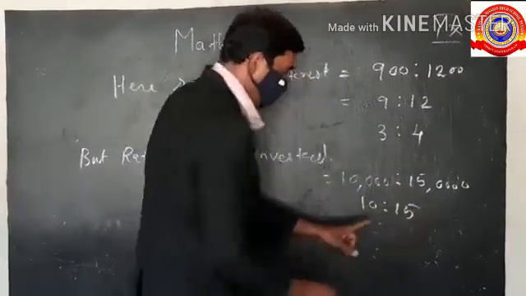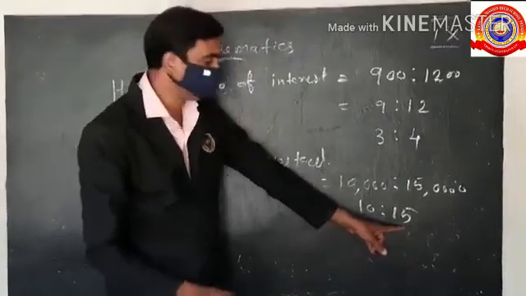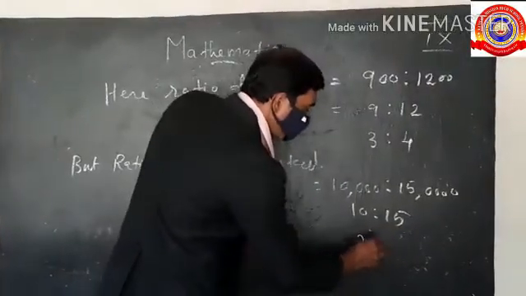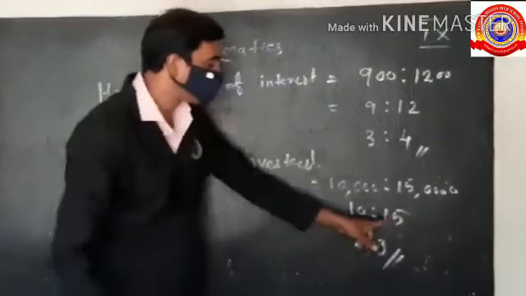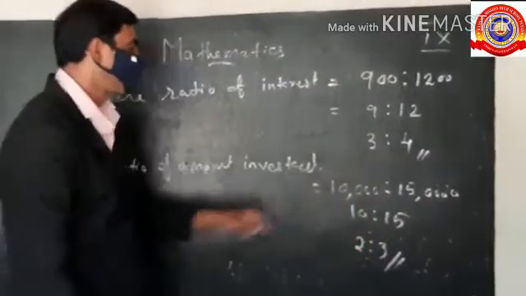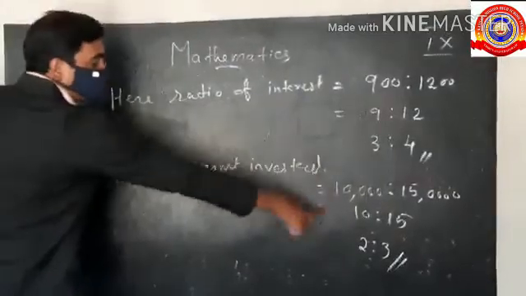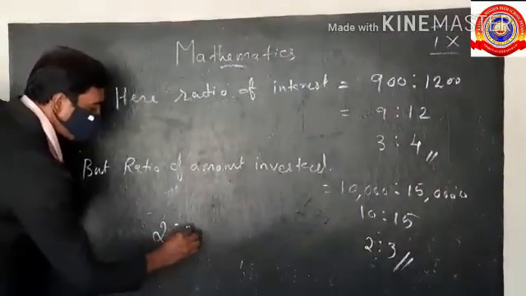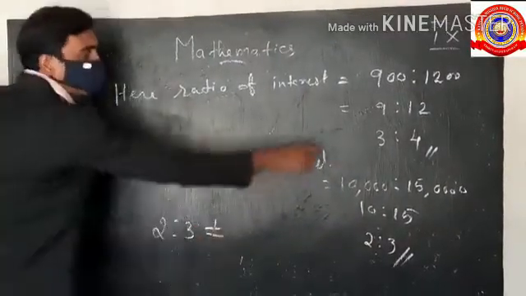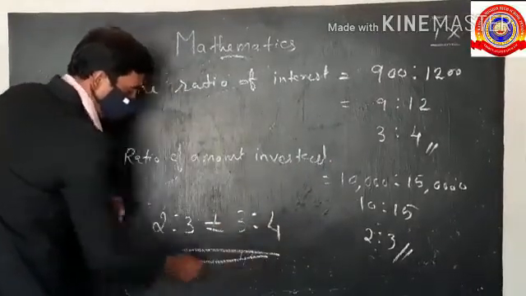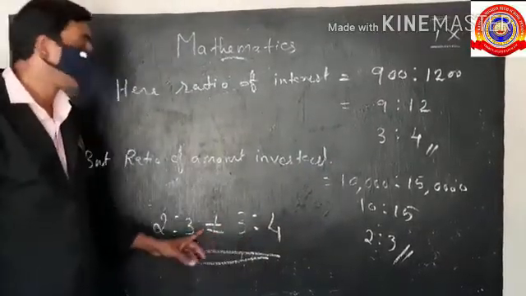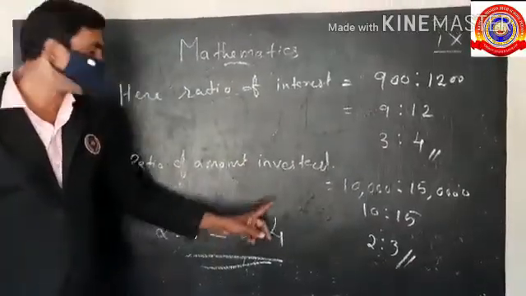When we reduced it, we get 2 is to 3. Both were divided by 5. Here, 2 is to 3 is not equal to 3 is to 4. These ratios are not equal, so the interests are not proportional to the investment.